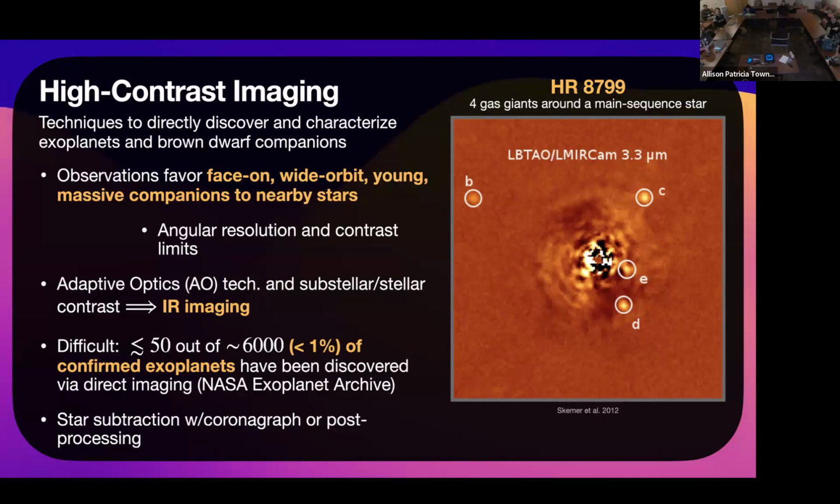They're cooling down after they form, so the younger that we catch them, the brighter they're going to be. And also, since stars have their black body spectra peaking in the visible, we get a more favorable contrast ratio in the infrared. And thankfully, we have nice adaptive optics technology that has been developed, especially here at the University of Arizona over the last few decades.